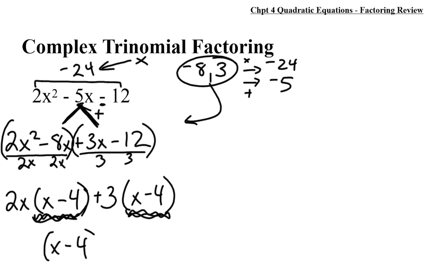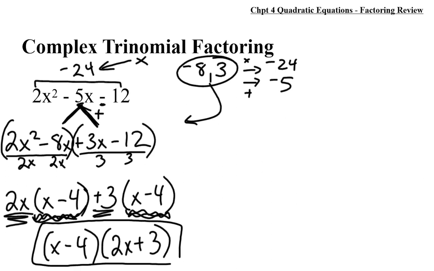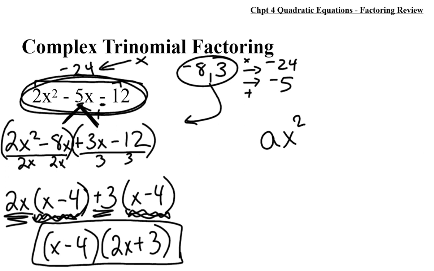So that's my first factor. And 2x plus 3, there's my second factor. And there's the factored form for our original trinomial. Complex trinomial where we still have an x squared term, but something with the x, with the constant.